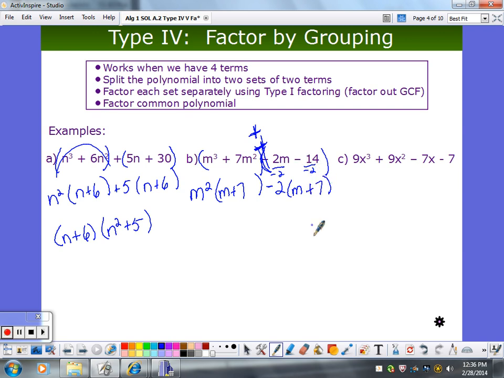A negative over a negative, happy dance, right? We have our common polynomial. N squared minus 2. Sort of, I can factor that, n plus root 2, n minus root 2, but we're not going to worry about that. It's fine. Yes? Plus in the middle of the 2? No, these are now factored.